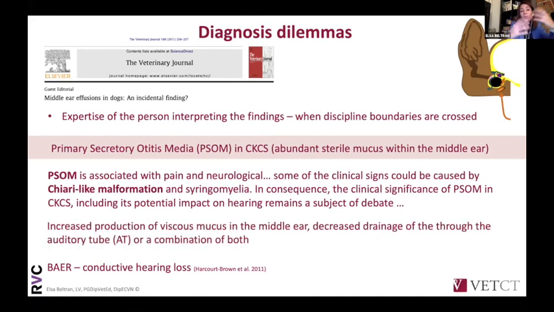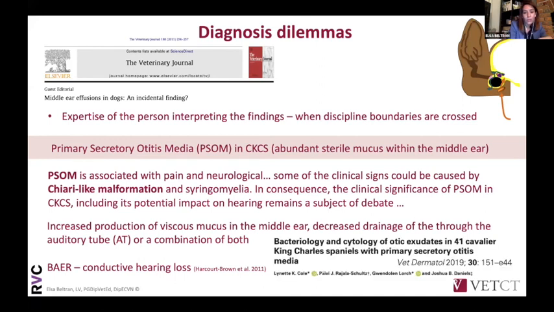So we don't really know why this is happening in the Cavaliers. It could be because there is an increased production, or there is a decreased drainage through the auditory tube, as we can see could happen with trigeminal neuritis, or even a combination of those.